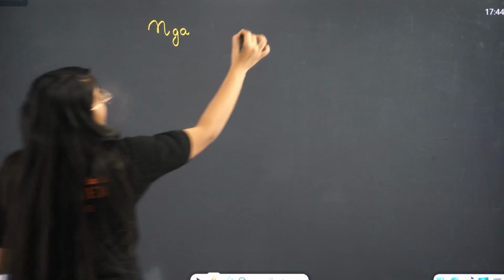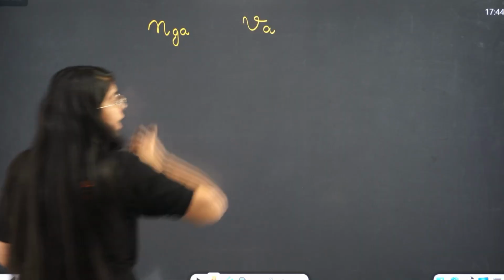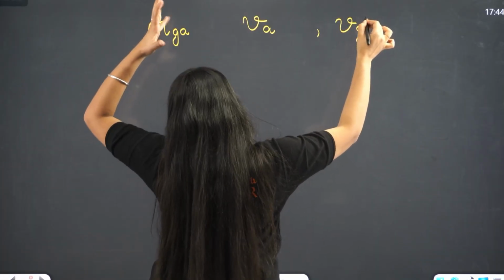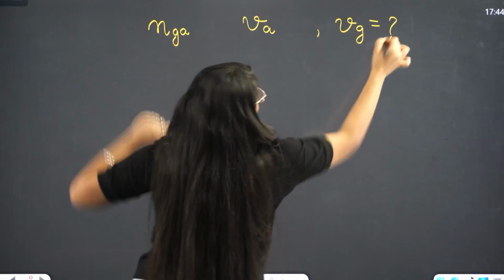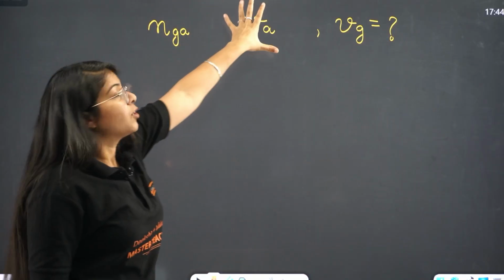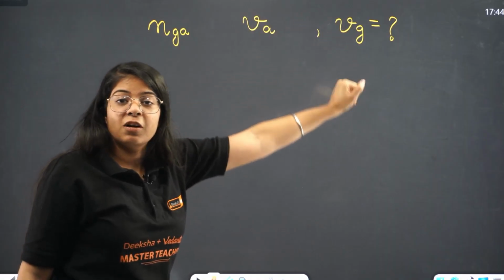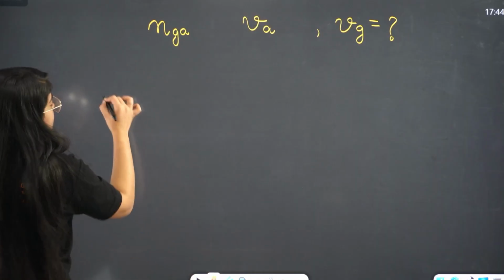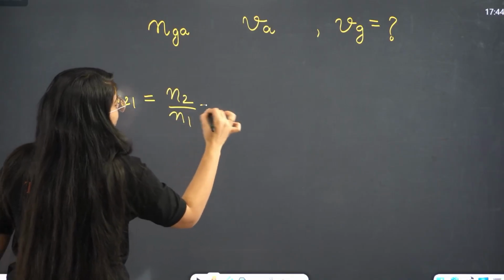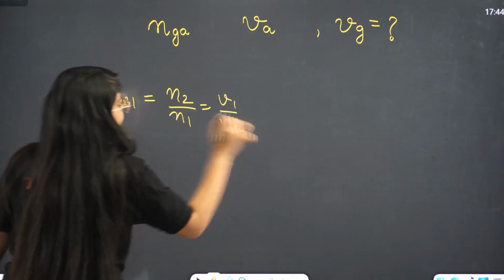I have the speed of light in air. I have to find the speed of light in glass. Understood? You have the refractive index, it's given. You have the speed of light in air, you have to find the speed of light in glass. Now, this is the formula. N21 equals N2 by N1 equals V1 by V2.